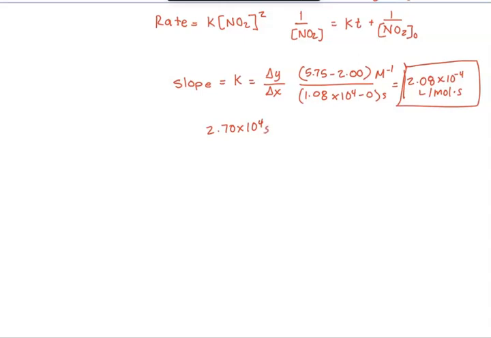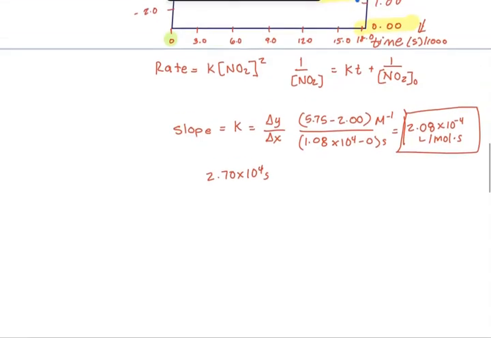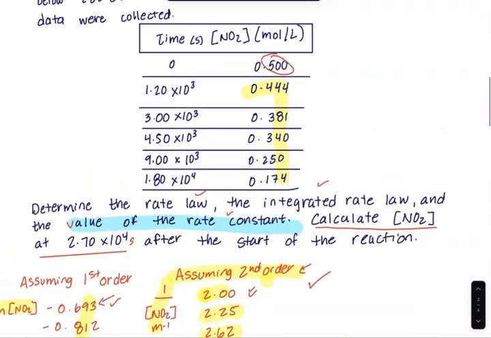We're going to use the integrated rate law that we used earlier, right here, 1 over concentration, 1 over NO2. This section right here, naught. And we're going to get our values from the table.